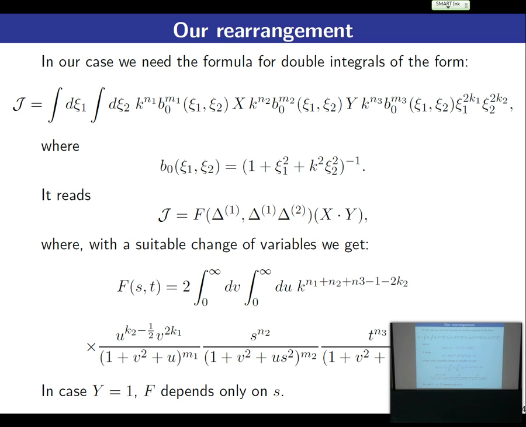And that's the main point, this function f as a function of two variables is a double integral in this case because we have a double integral here, over dv and du from 0 to infinity. Coefficient 2 comes because we had an integral from minus infinity to infinity, okay?